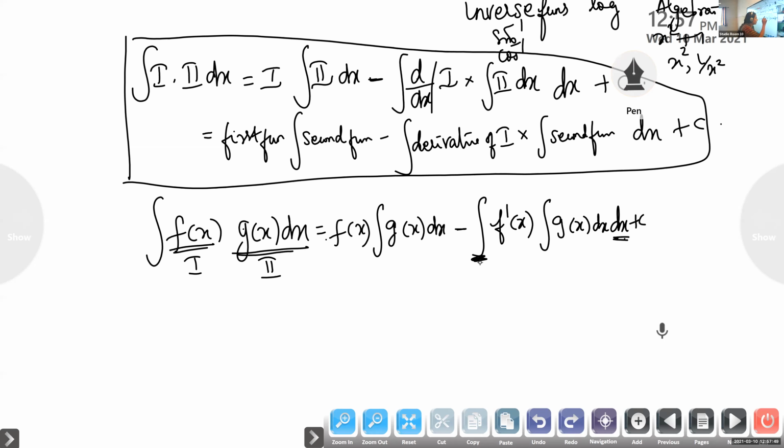Whenever we write the integral symbol, we should write the corresponding dx or dy. So first function into integral of second function minus integral of derivative of first function, integral of second function into dx plus c.